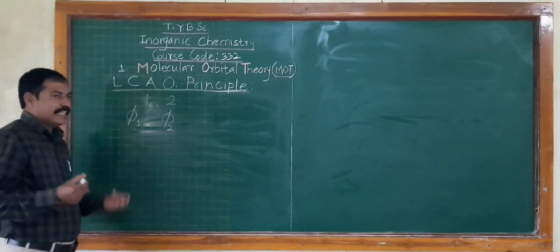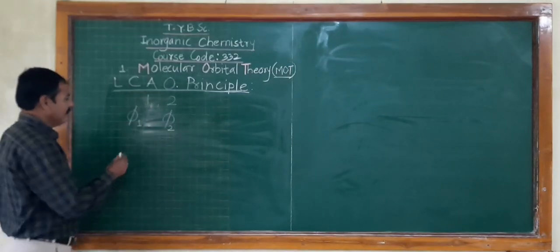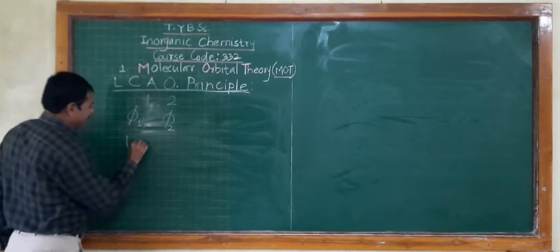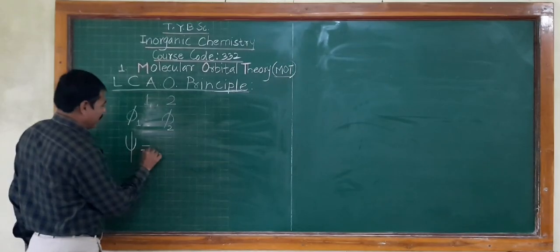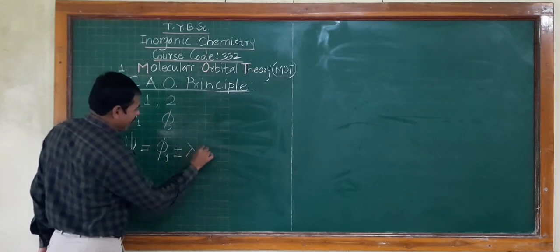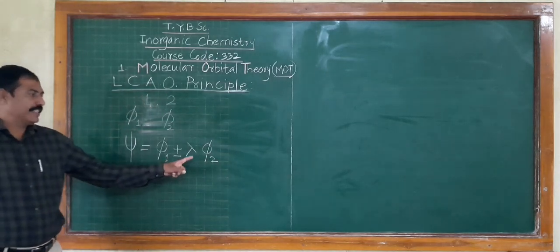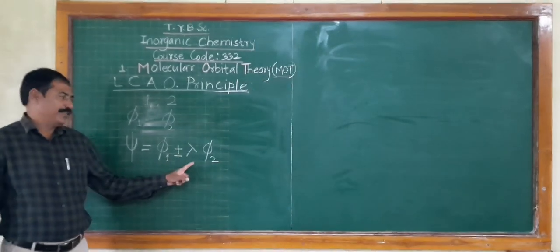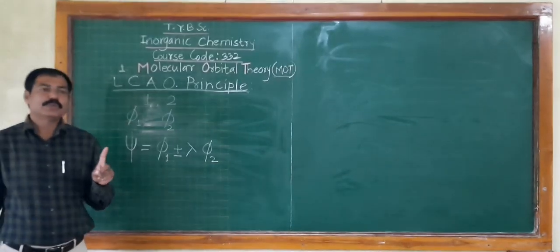When these atomic orbitals combine to form a molecule, the molecular wave function is denoted by psi. Psi is equal to phi 1 plus or minus lambda phi 2. Lambda represents the ionic coefficient. It measures the ionic character between the two atoms.